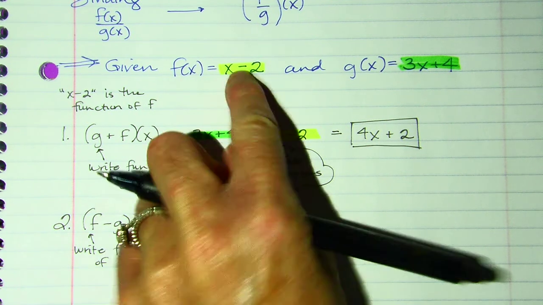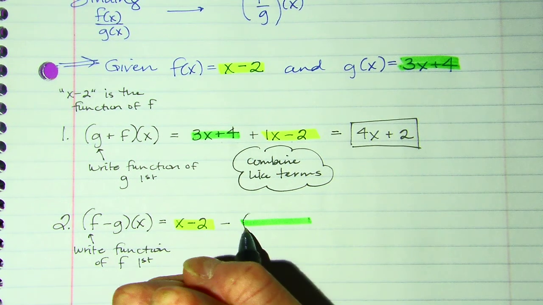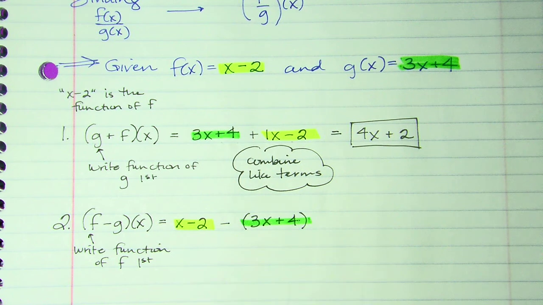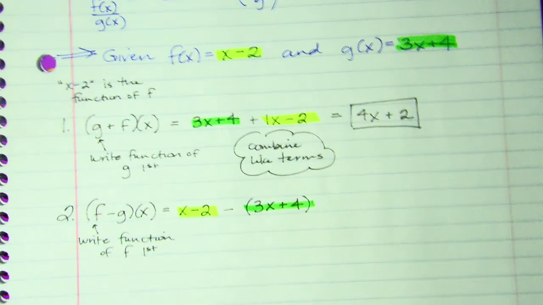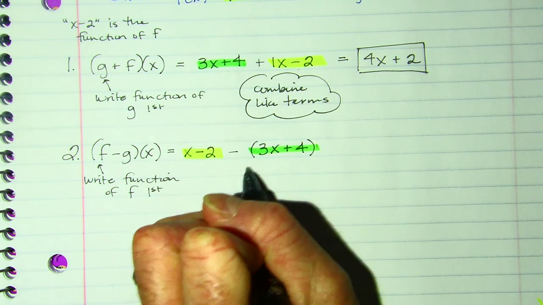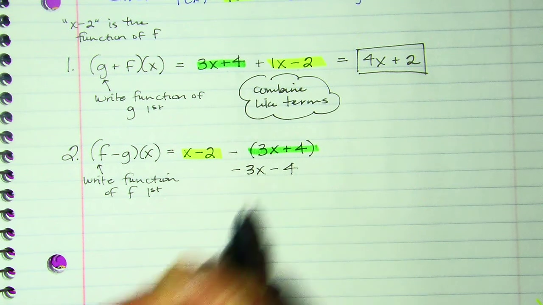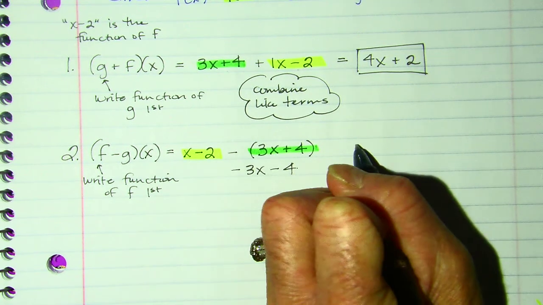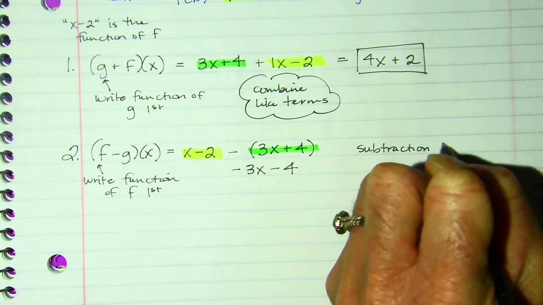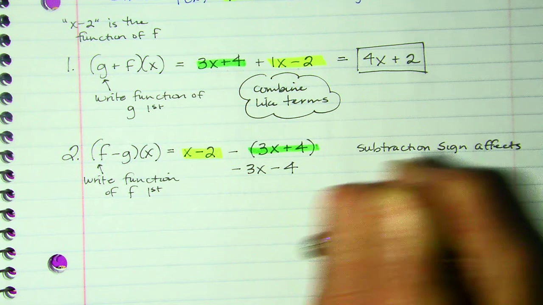F, I'm writing first, is x minus 2. Now, because I'm subtracting more than one thing, I'm going to put 3x plus 4 in parentheses. And the reason I'm doing that is when I subtract something, I'm subtracting both of these. So I'm subtracting 3x and I'm subtracting the 4. So know that this subtraction sign affects both terms after it.